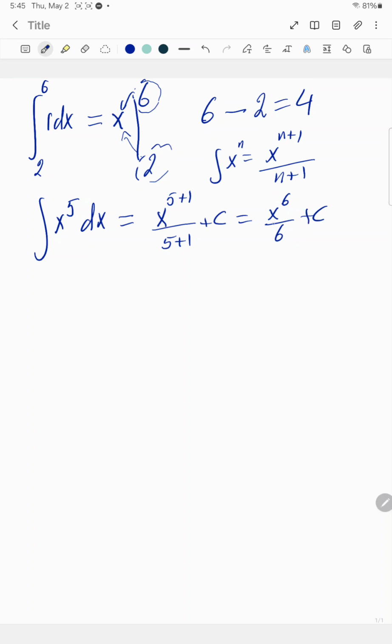If you differentiate x to the power of 6 divided by 6, you will see it becomes x^5. Why plus c? Because for x^6 divided by 6 plus 2, the derivative is 6x^5 divided by 6, and the 2 becomes 0, and 6 divided by 6 gives x^5.